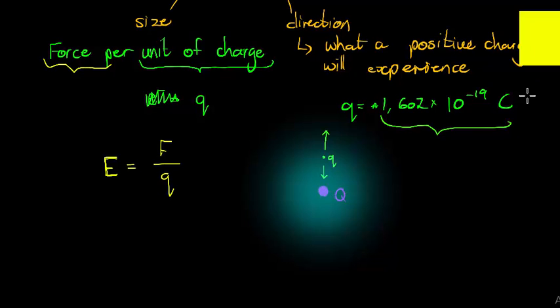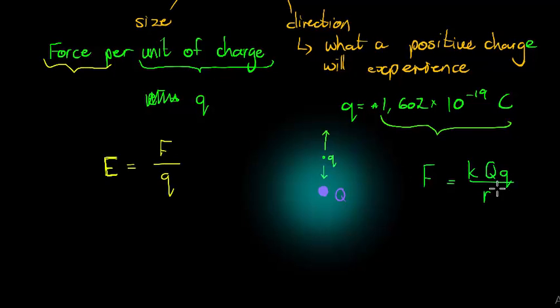Why? Because in the previous video we saw that the force that charge experiences would be equal to K, the constant from Coulomb's law, times the charge of Q times the charge of this object, which is just a single charge, so small q, divided by the radius squared.